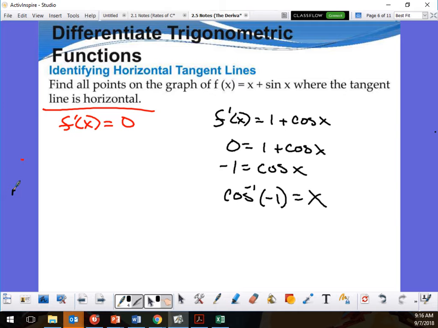There usually is some type of limits or bounds, especially on trig functions, because it is a wave, right? Since it is a wave, I want to make sure that I only get certain ones, because it can keep going the whole time. So I'm going to limit it right here. It's just going to be pi. And when's the next one going to happen?